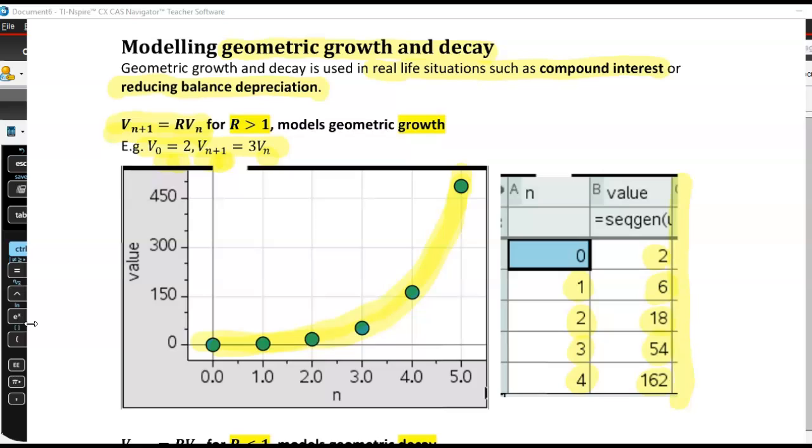So it's not going up by the same amount each time, the amount it's going up by is increasing. So this is what compound interest is, and this is why banks and credit card companies use it to calculate the interest that you owe them.